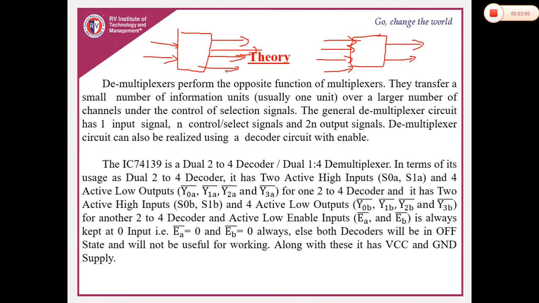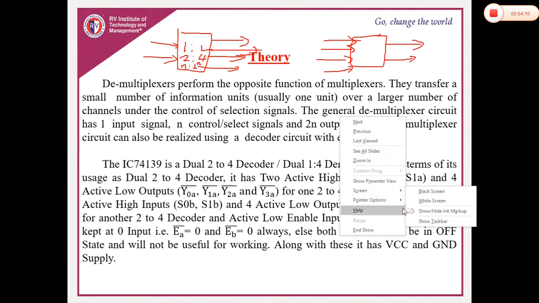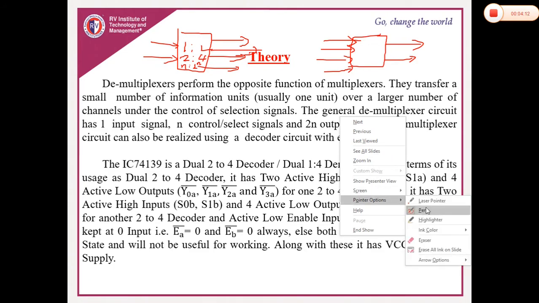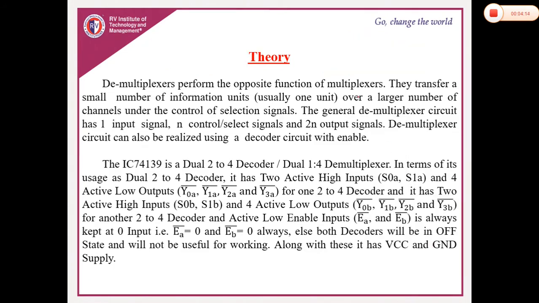For example, we have 1:2 or 2:4 decoders. In general, we have an n:2 power n decoder. For example, if n is equal to 2, then 2 power n is 4, a 2 to 4 decoder. So decoder means converting a small thing to a big thing. You can think of it like that.